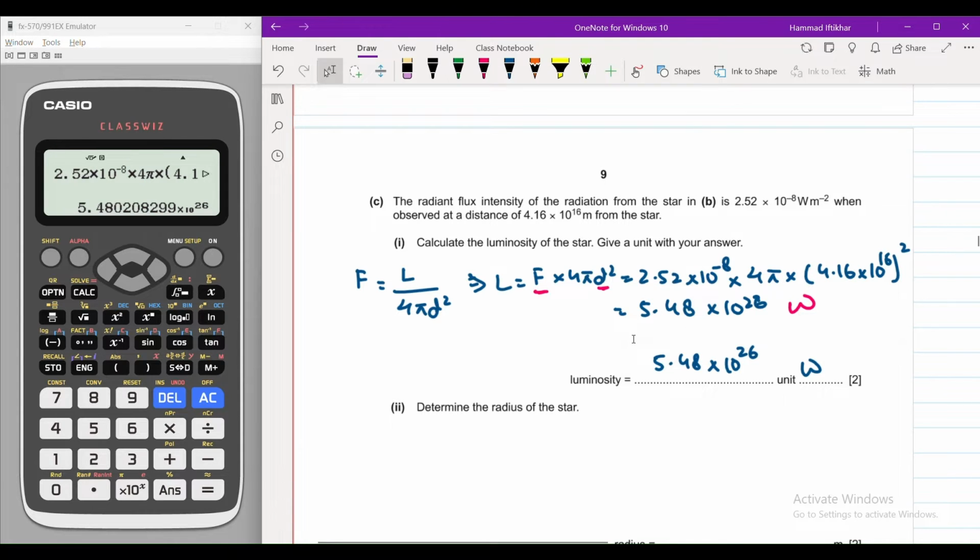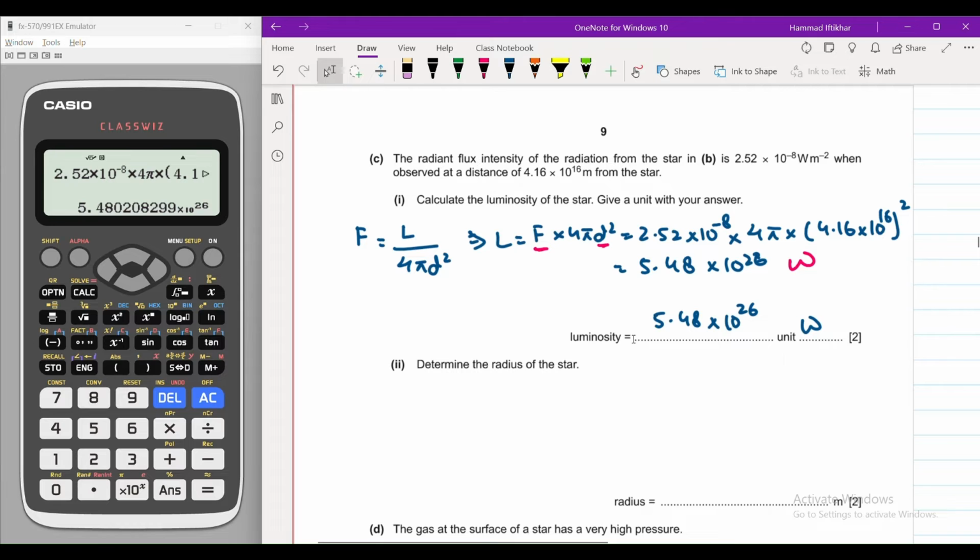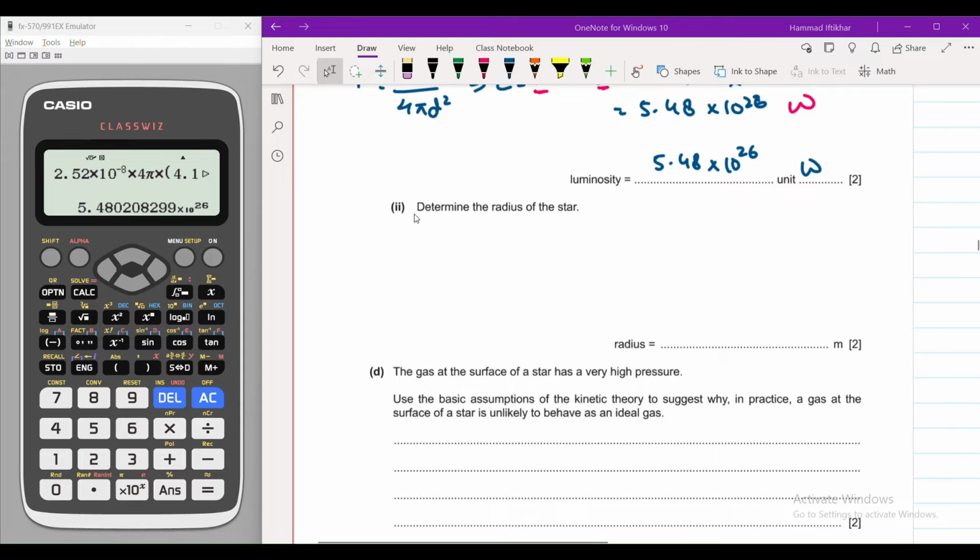Okay, determine the radius of the star. For the radius of the star, we will use the Stefan-Boltzmann law, which states that the total energy radiated per unit surface area of a black body across all wavelengths per unit time is directly proportional to the fourth power of the black body's thermodynamic temperature. So that is L equals 4 pi r squared sigma T raised to power 4, where sigma is the Stefan-Boltzmann constant.